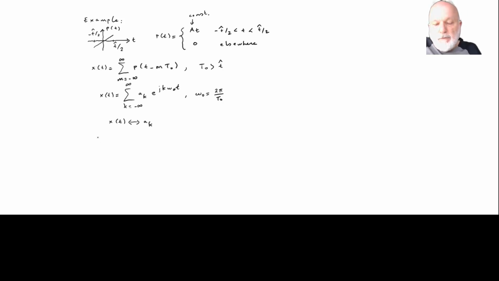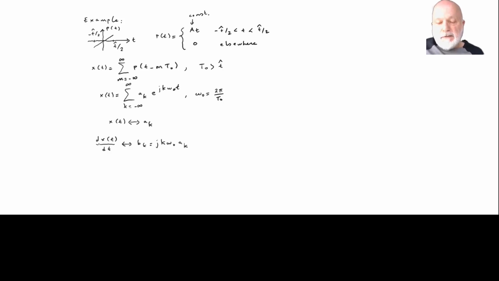The derivative of x of t will have the Fourier series coefficients bk, and bk will be related to ak as follows. j k omega 0 multiplied by ak will be equal to bk, and if we can calculate bk, we can obtain ak from this expression. Now let us see whether we can do this.